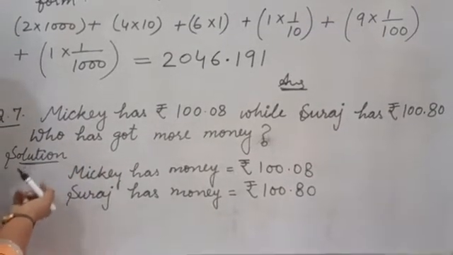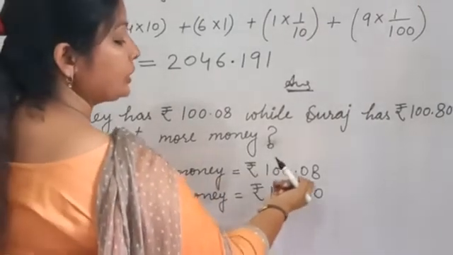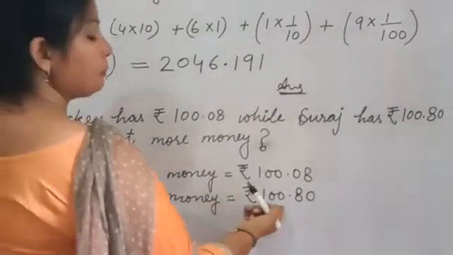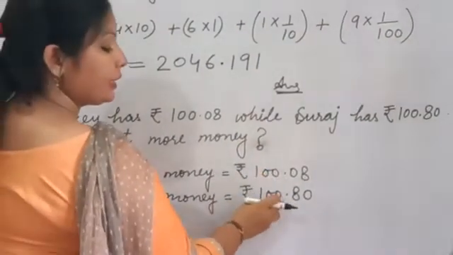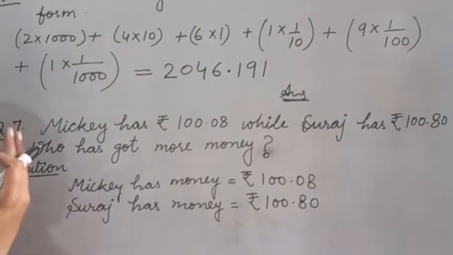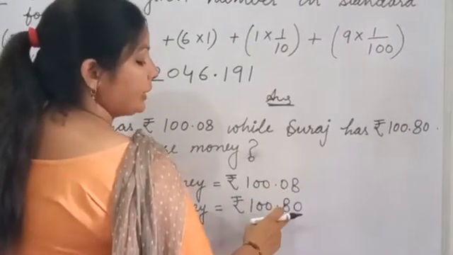So let me start the solution. Mickey has money. How much money? Rupees 100.08. Then Suraj has money, rupees 100.80. Now we compare. The whole is the same, 100. So we compare the decimal part. In the decimal part, on the first place there is 0 and there is 8.